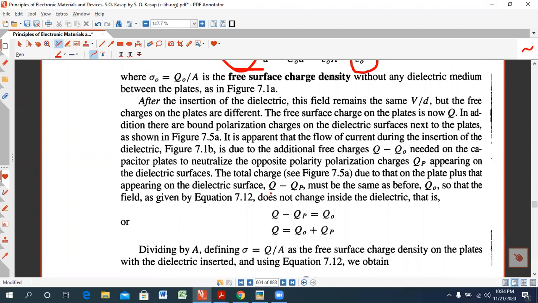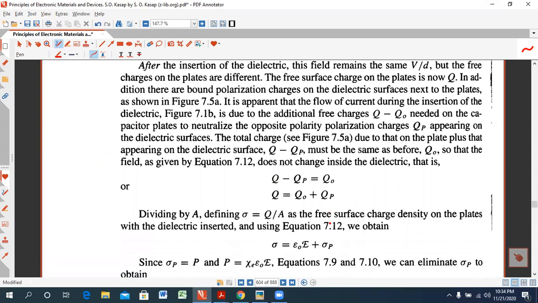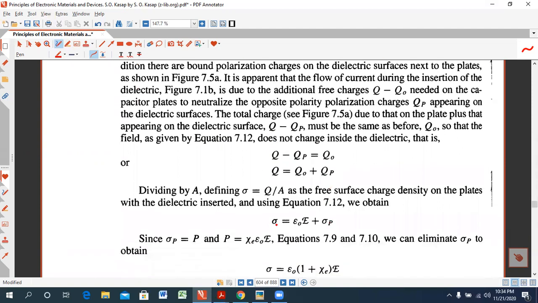Now if we want to find Q naught, we deduct the polarized charge from the total charge, and then we can find the Q naught value. So sigma equals epsilon naught E plus sigma P. So what is this epsilon naught E?